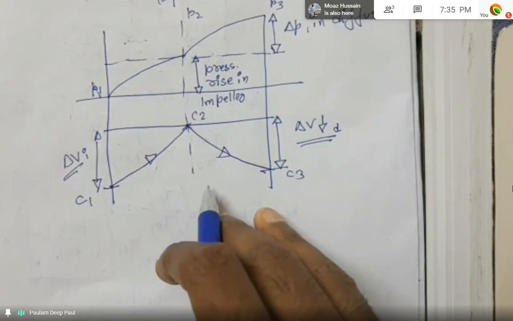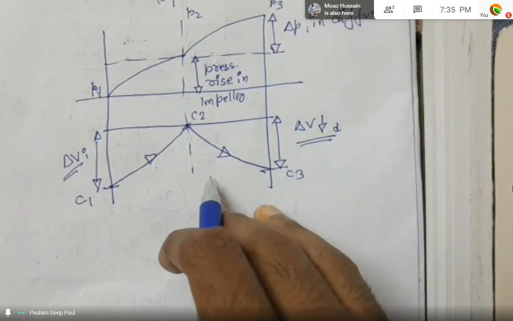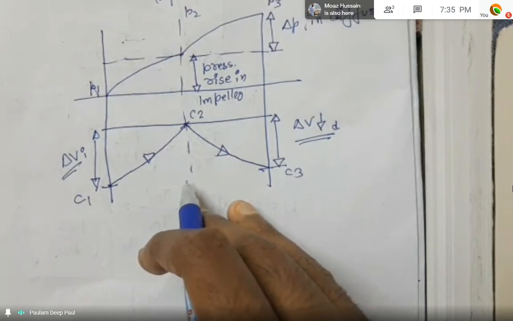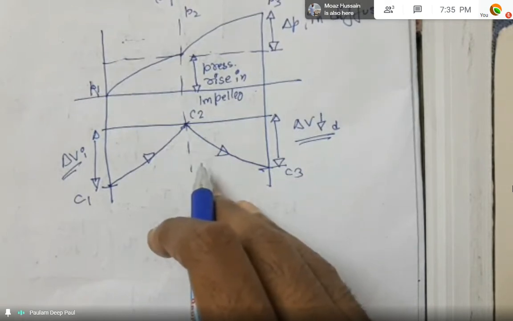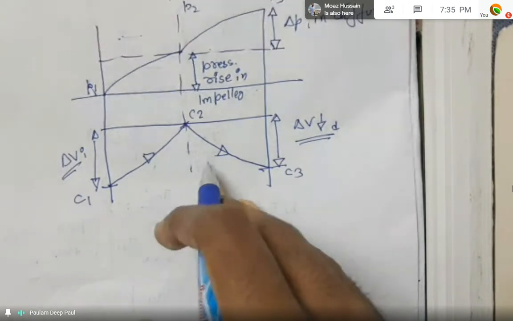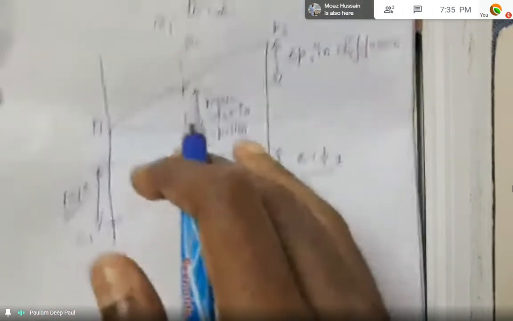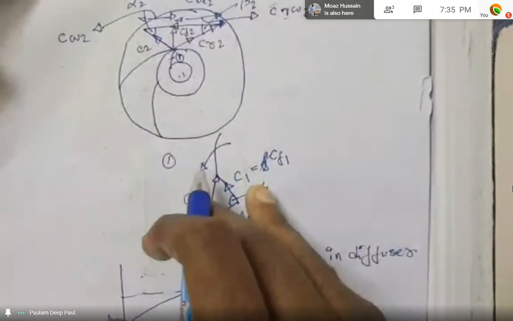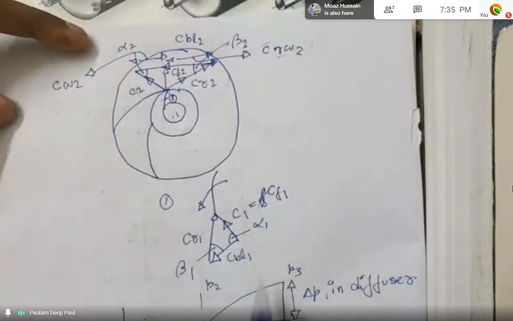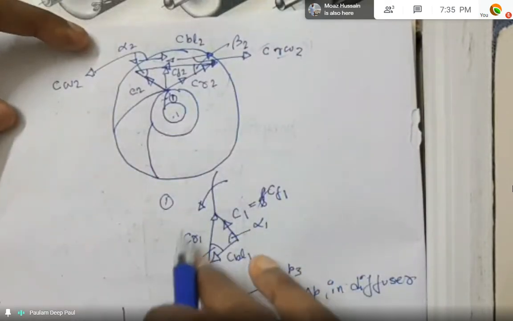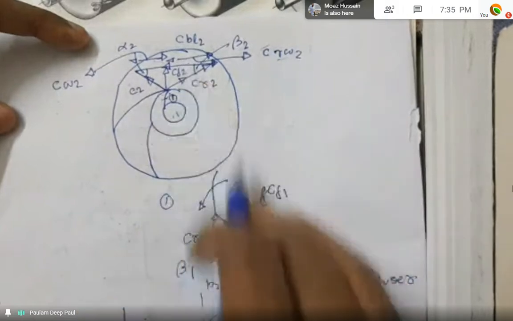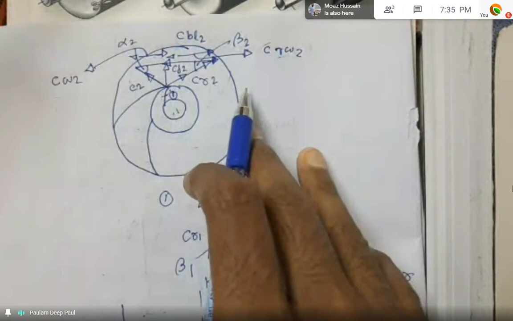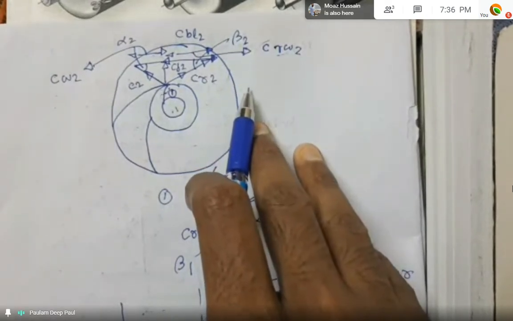Now we can simply move on to the work done by the impeller and the power required per impeller. We'll be using the velocity triangles that we have drawn here. But do not follow this diagram. Draw individual velocity triangles for the impeller and for the diffuser inlet and outlet, separate velocity triangles as I have shown you in the axial flow compressor.